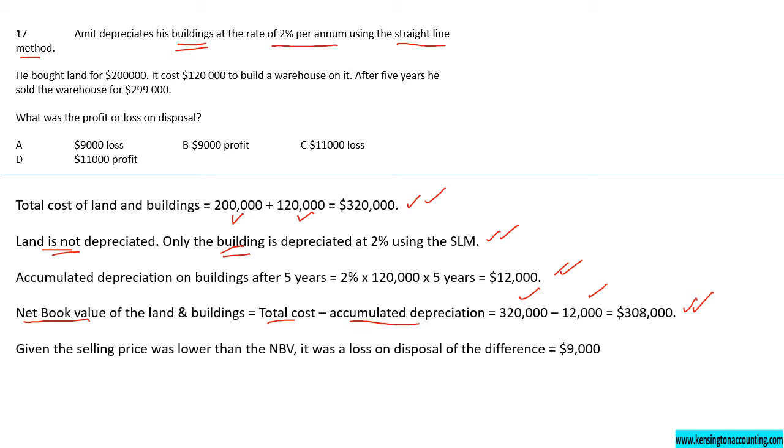When the proceeds from disposal are less than net book value, it means the asset has been sold at a loss. Therefore, this 9,000 is a loss, which is 299 minus 308. Therefore, we're talking a loss of 9,000. Therefore, the answer is A.